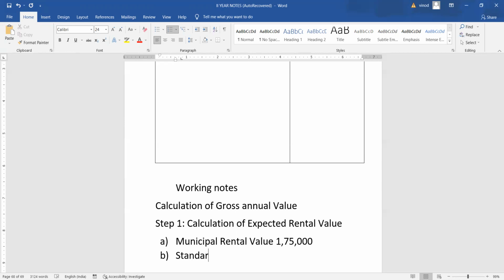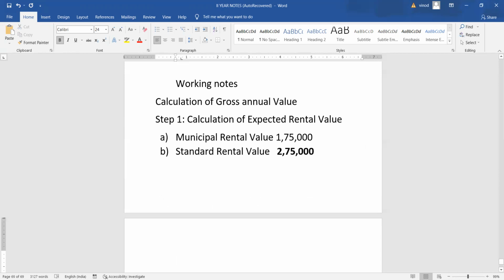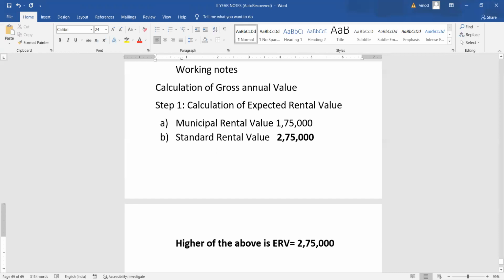Fair rental value is 2,75,000. This one is higher. Higher of the above is ERV equal to 2,75,000.